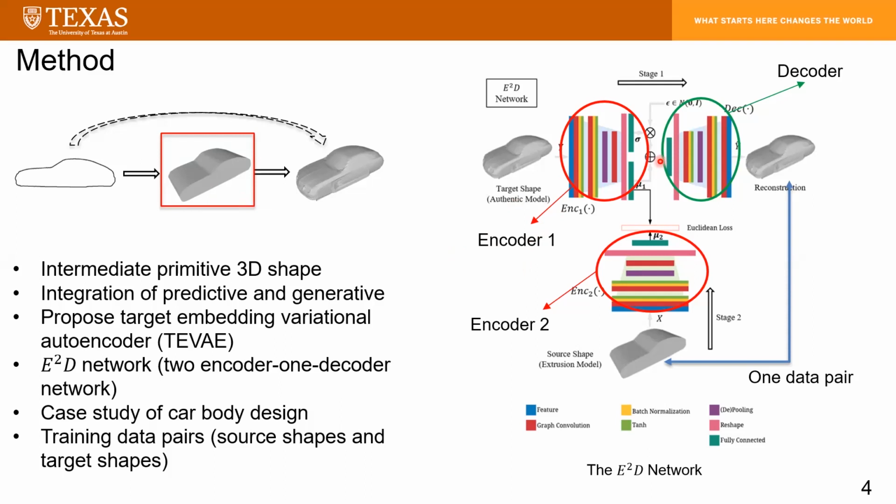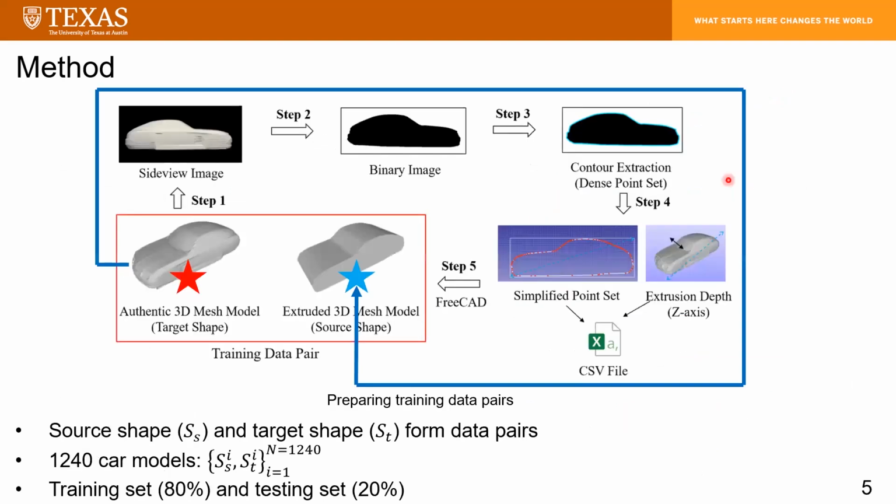We use the case study of the car body design to demonstrate our method. To train this neural network, we need to prepare training data of source shapes and target shapes. Here's the process that we use to prepare our training data pairs.